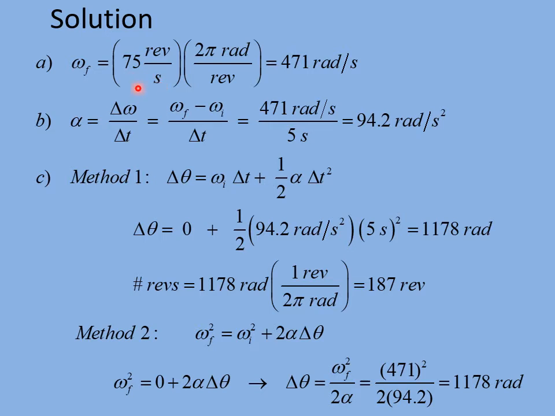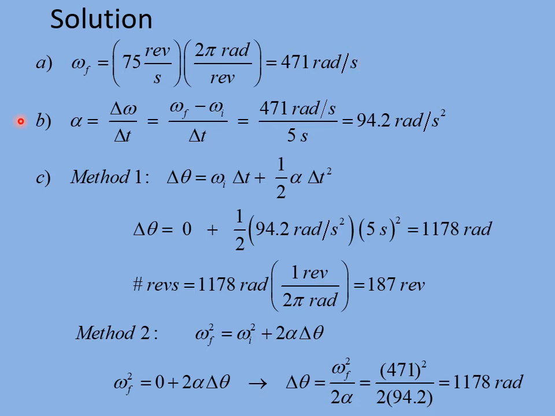How do we do that? Again, we're going to multiply. Remember, each revolution is 2 pi radians. So if we multiply by 2 pi rad per revolution, the revolutions cancel, and we end up with 75 times 2 pi, which is 471, and the units that remain are radians per second. So there's our final angular velocity.